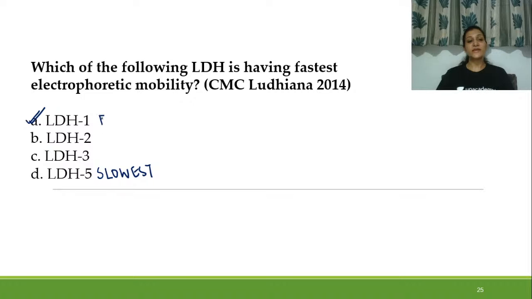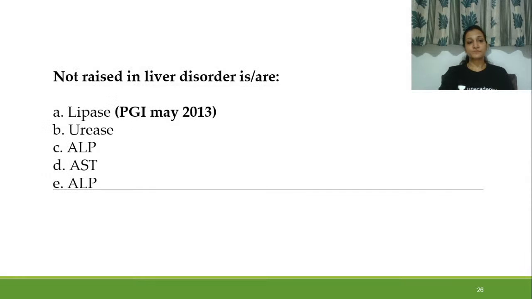LDH5 is slowest and LDH1 is fastest in electrophoretic movement. Now, coming to the next question. Which of the following enzymes is not raised in liver disorders? So, the enzymes which are not raised in liver disorders are lipase and urease. Otherwise, alkaline phosphatase will increase in liver disorders.